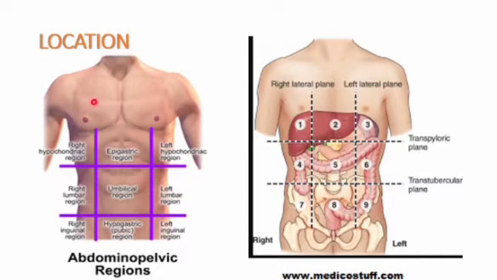What is the importance of these 9 quadrants? If you want to locate surface markings for surgical incisions, these 9 quadrants play a major role. To let you know the position of a particular organ in the abdominal cavity, they will describe it in particular quadrants. Now in this class we are talking about the liver.